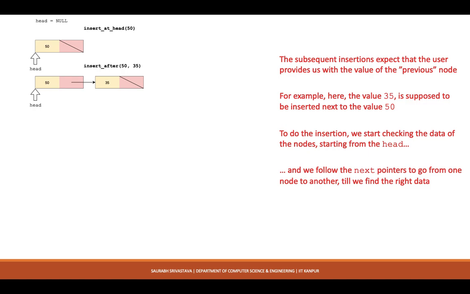In this case, of course, the node was right there in the beginning, and then you simply create another new structure variable, again usually through malloc. You assign the data part like this, you fill the data part with 35, and then this pointer, which was initially pointing to null, now starts pointing to this new structure variable.